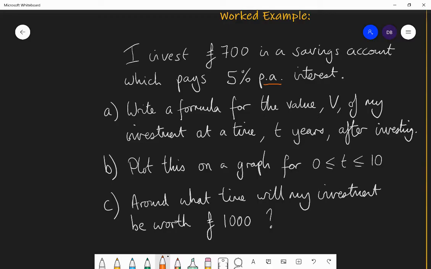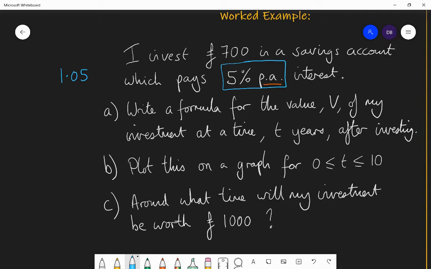Okay, so hopefully you are relatively confident with using a decimal multiplier for increasing by a percentage. If I increase by 5% each year, then the decimal multiplier for that is 1.05. Because each year I will be gaining 5%, so I will have 105% of what I used to have. 105% as a decimal is 1.05.